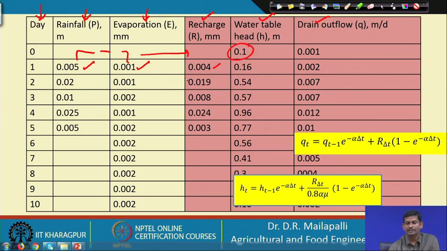And then, as I just mentioned, 0.1, we estimated the water table head based on W and h. Okay, so that is the water table head we estimated, and using the inverse formula we estimated 0.001 as the Q. Okay.